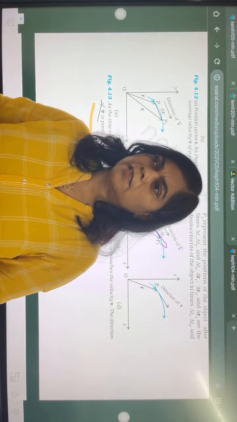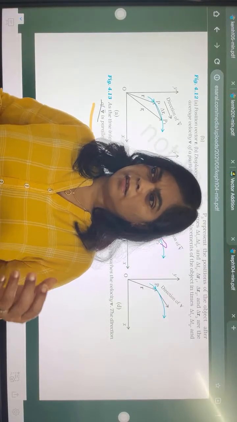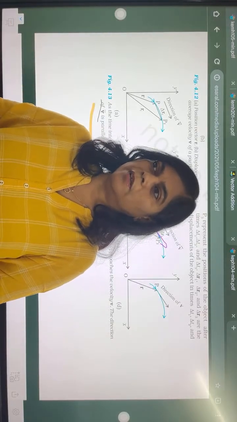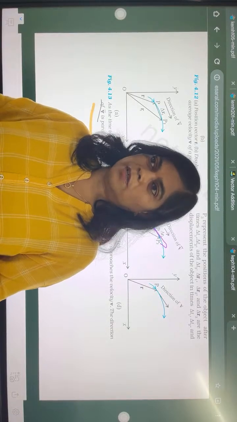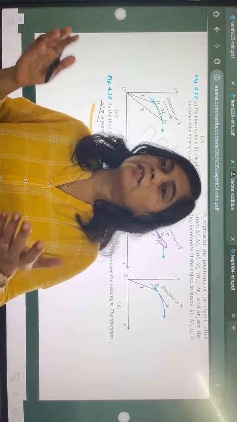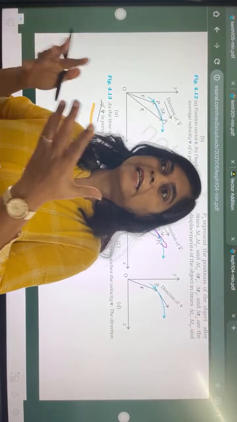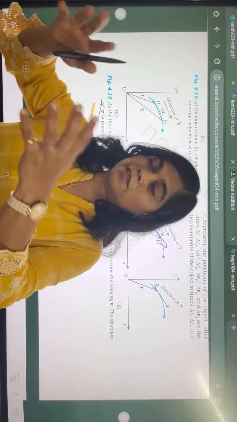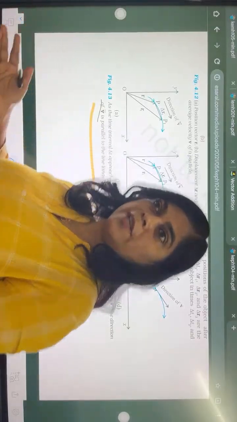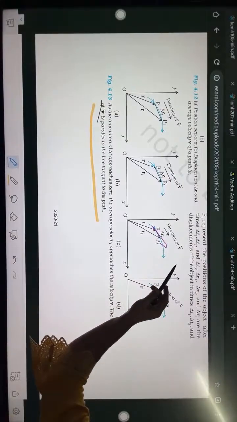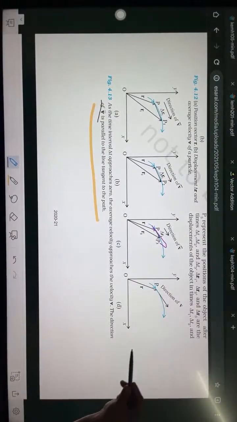The resultant: root of a square plus b square plus 2ab cos theta. That is the magnitude, as well as the direction. The direction comes from tan theta, right? Tan theta only, that is the tangent of an angle. So you did the same here also. The tangent of the curve represents the direction of the average velocity.